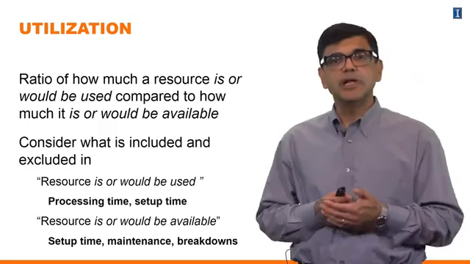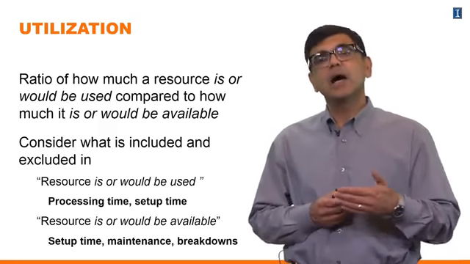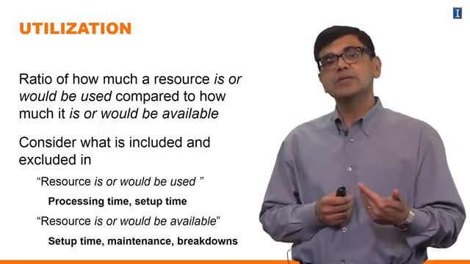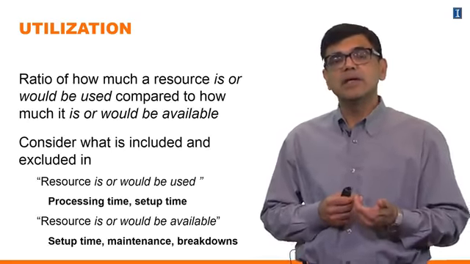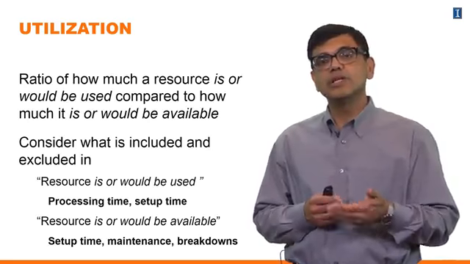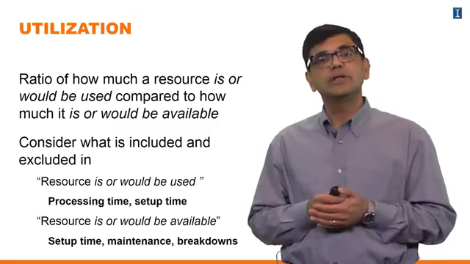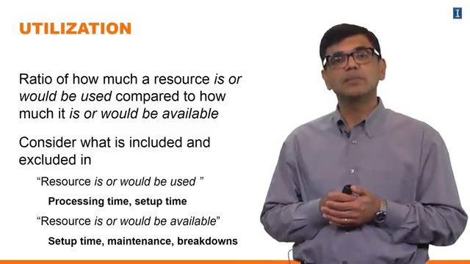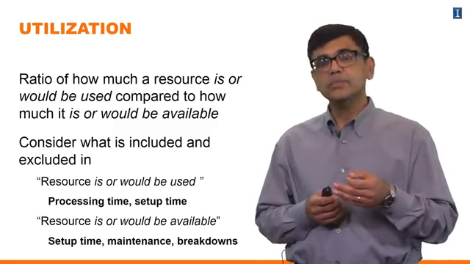If you're talking about a process, are we including the time it's going to take to set up the machine? Are we including the time that it takes for the machine to stop between two different batches that are going to be run on that machine? Is that something that we are including in the calculation?